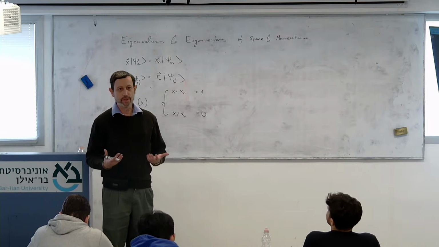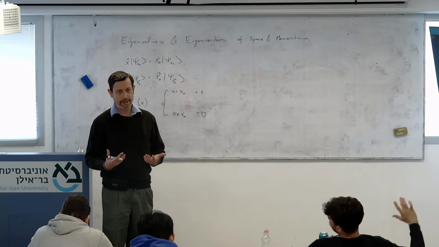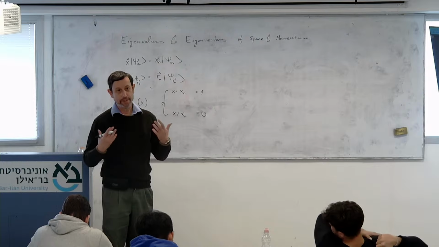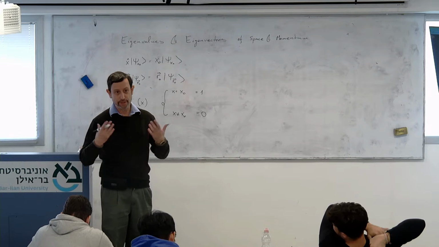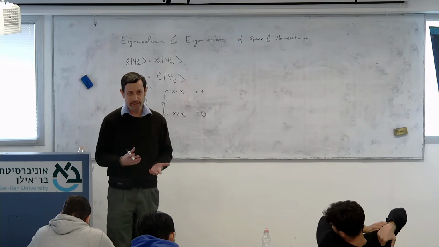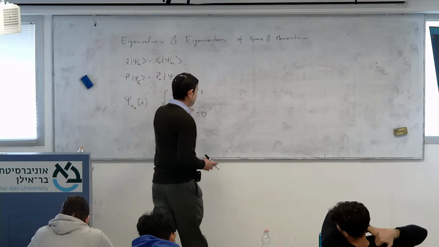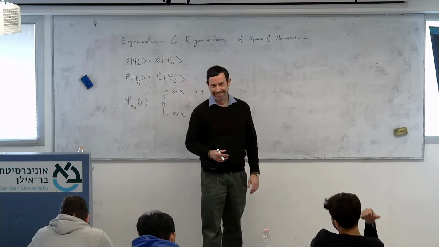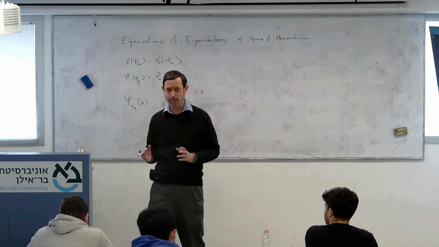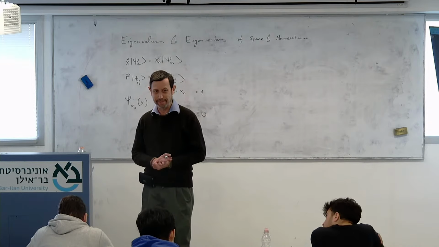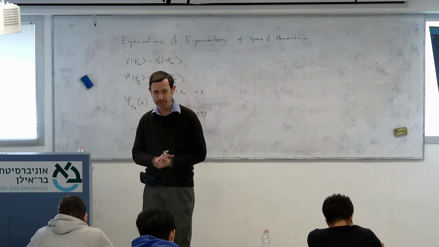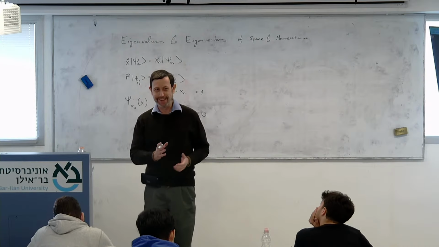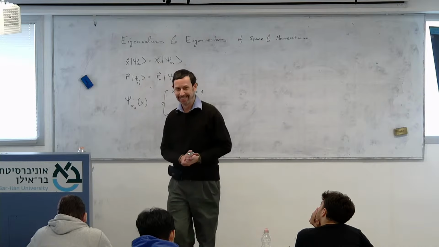Everything that we're doing in Schrödinger's equation is continuous, derivatives, all kinds of nice things. This is not a nice thing. And this will create some problems that we'll have to shock the mathematicians by solving.